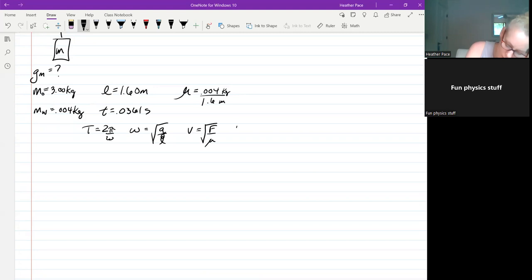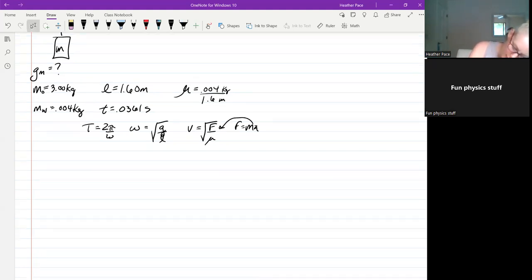And we know this. All right, so we can stick that in there, but for us, this is going to be gravity. So v equals the square root of mg over mu.